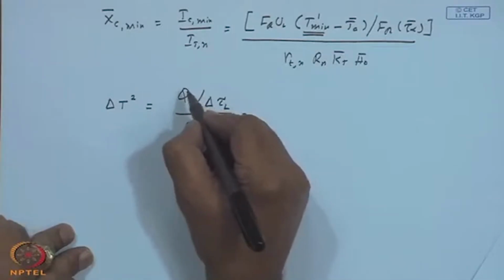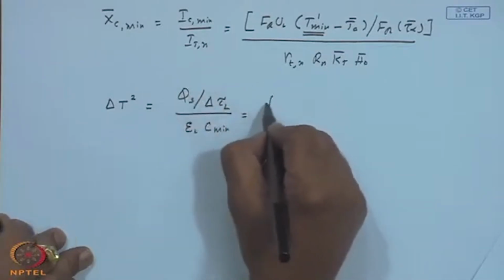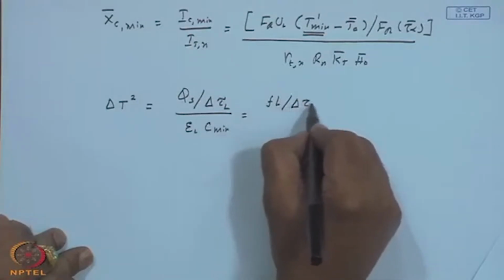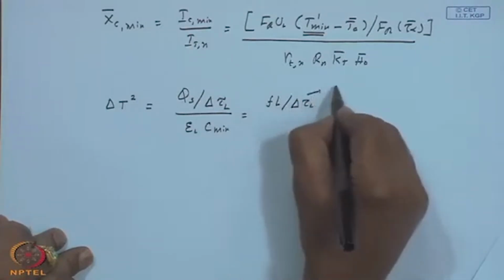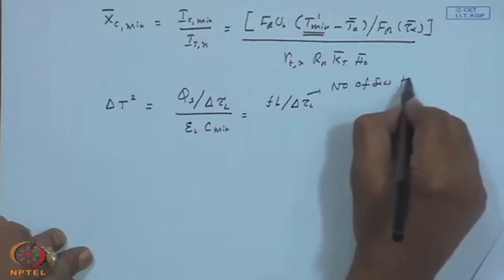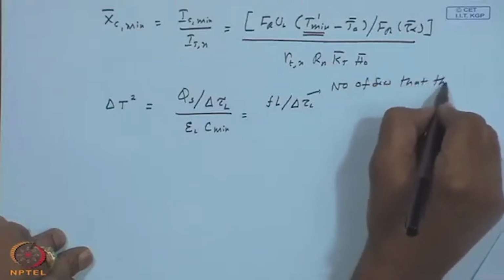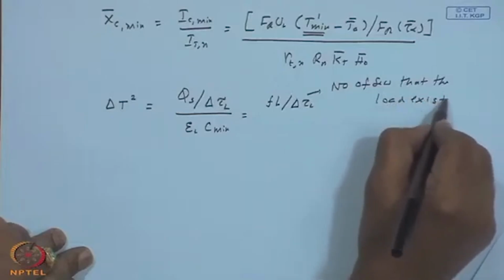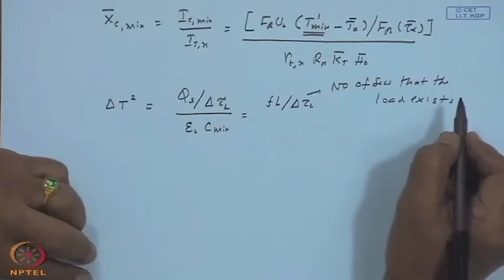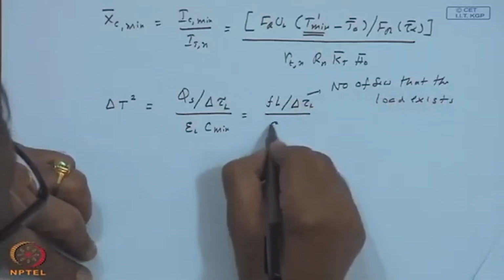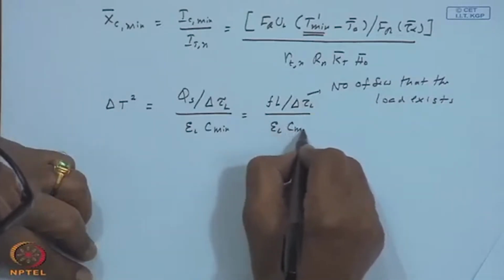The energy that is going to meet the load on the system is F times L, divided by delta tau L, the number of seconds that the load operates, that the load exists. It may not be 24 hours, it may be, let us say, 12 kilowatts for 12 hours a day, by epsilon L C minimum.